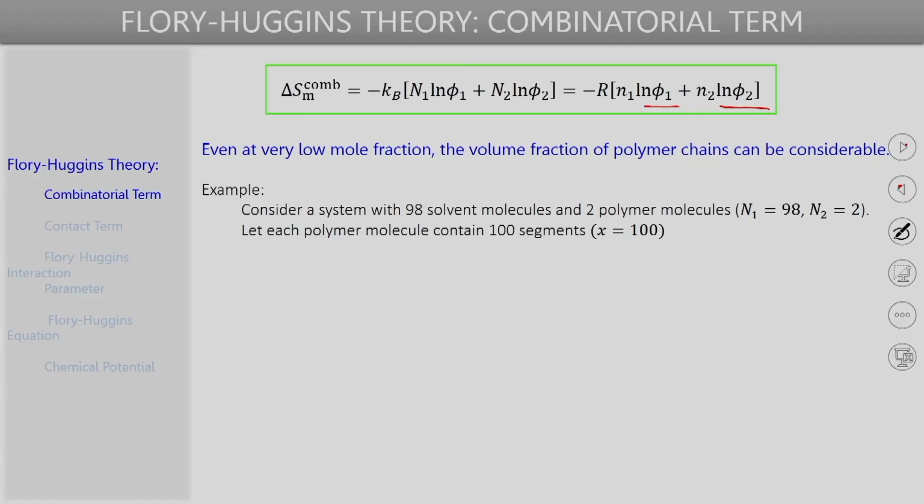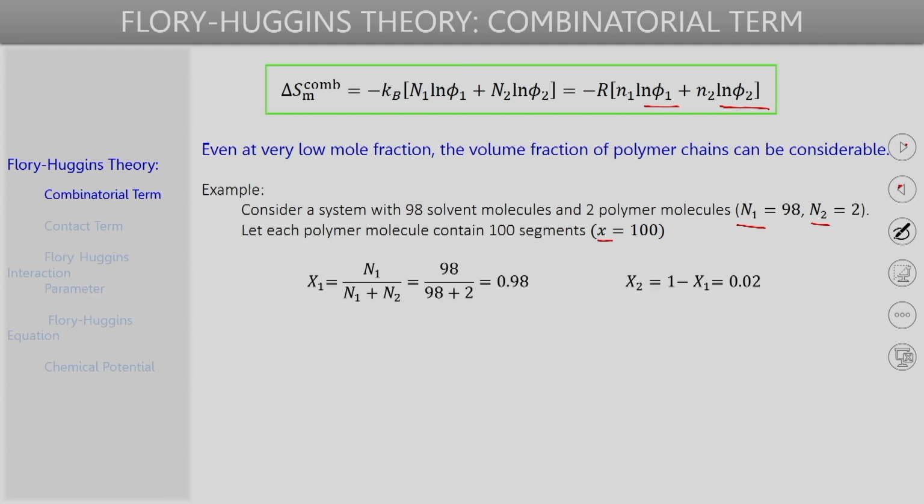Let us say we have a system which contains 98 solvent molecules and 2 polymer molecules, just to make it a round number of 100. Let us say that each polymer molecule, which is a chain-like molecule, contains 100 connected segments. So, in this case N1 is 98, N2 is 2, and x, which is the number of segments per polymer molecule, is 100.